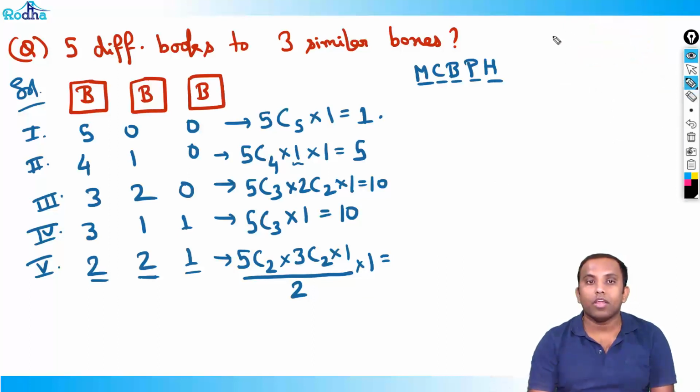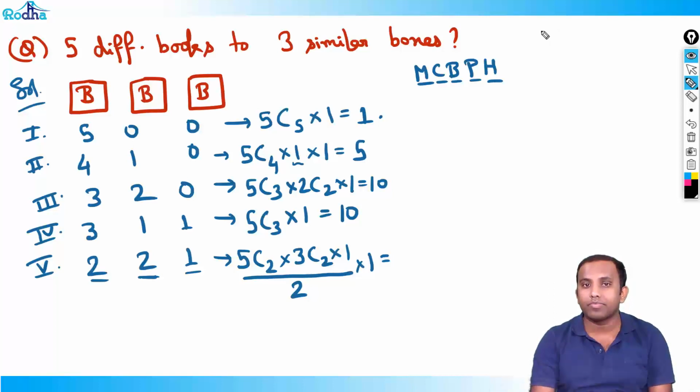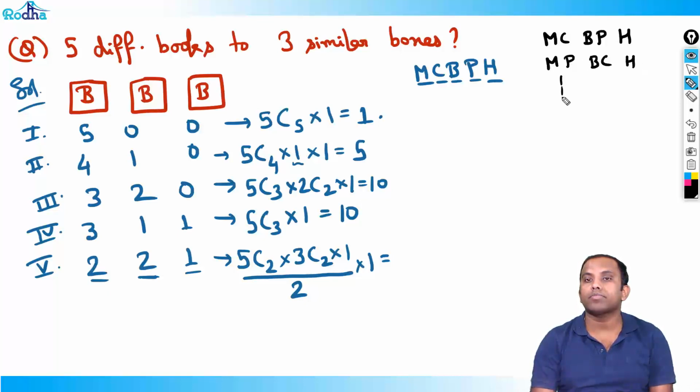See, if there are 3 boxes here, so 2, 2, 1. So let's say 2 boxes are maths, chemistry, biophysics and Hindi. Then you can change the data like maths, physics, biochemistry and Hindi, like that. Okay, so a stage will reach.